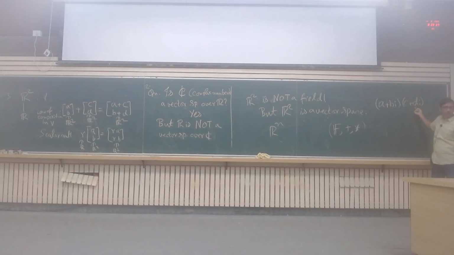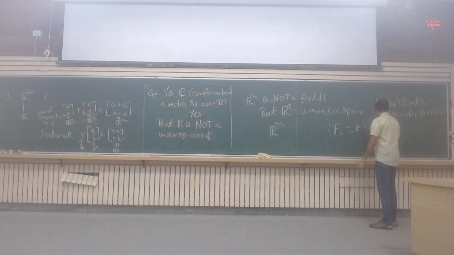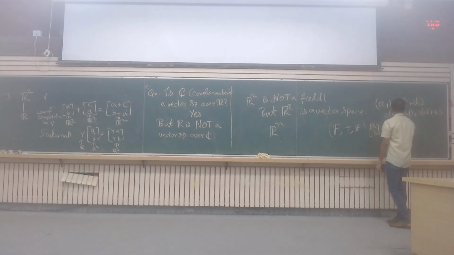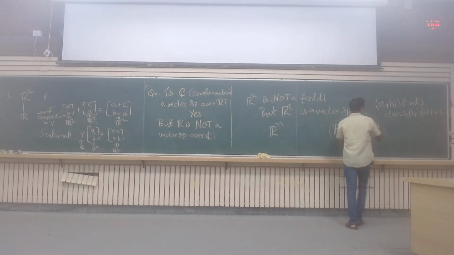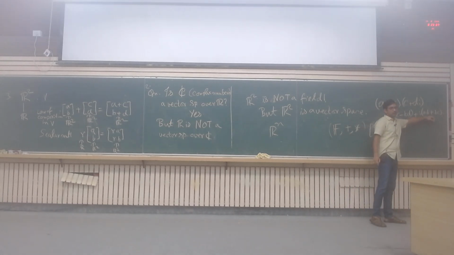AC minus BD, that is the first thing, plus i times AD plus BC. So you are sending AB and CD to AC minus BD and AD plus BC.